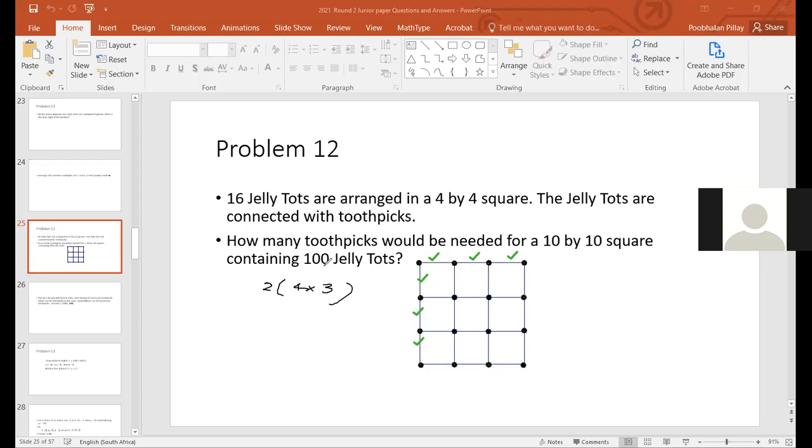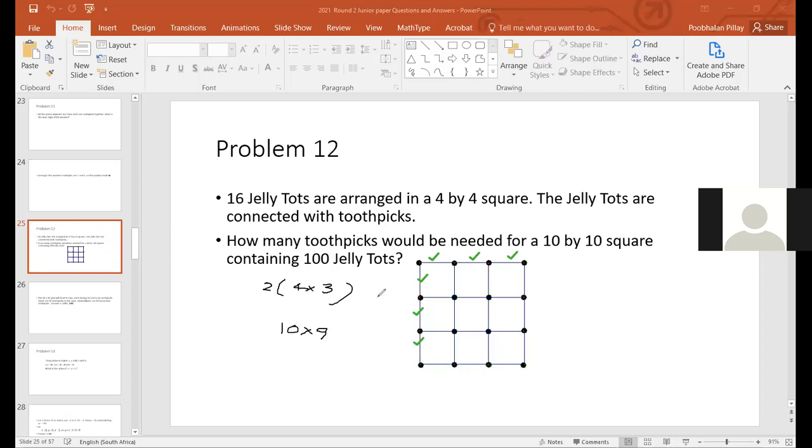All right, now you got a 10 by 10 square, containing 100 jelly tots. I'm not going to draw the 10 by 10 square. I'm just going to use my imagination. When I had a 4 by 4 square, I had to multiply 4 times 3. So in a 10 by 10 square, I've got 10 times 9. Same kind of argument, right?